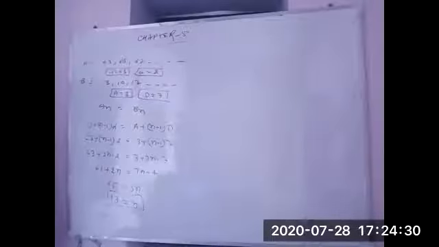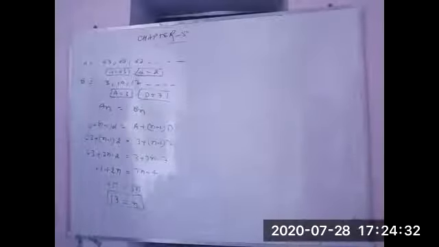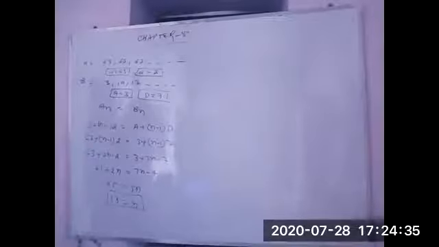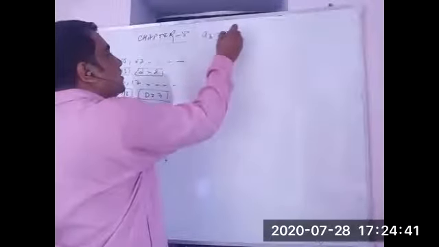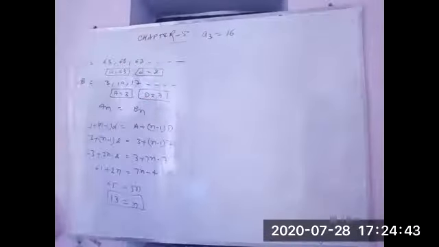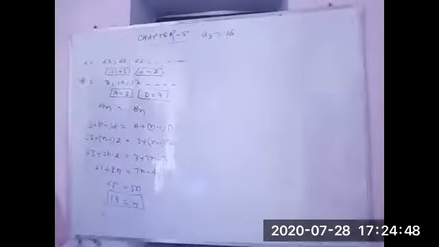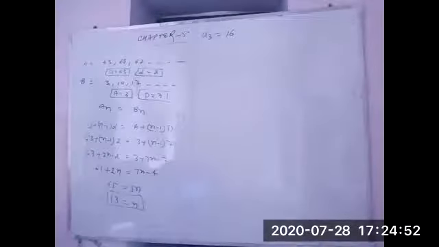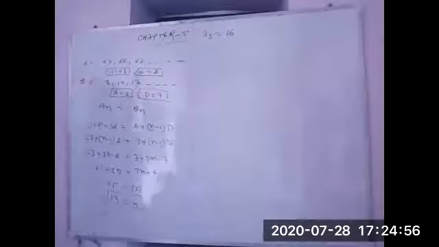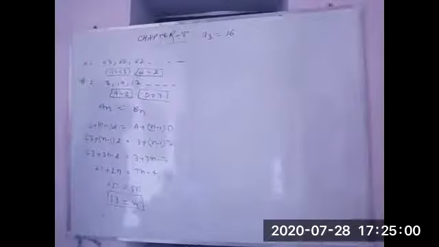Okay. Now, determine the AP whose third term is 16. An AP is there whose third term is 16. Its seventh term exceeds the fifth term by 12.